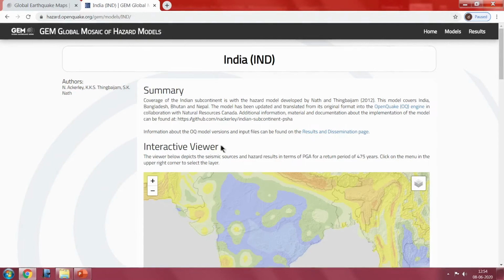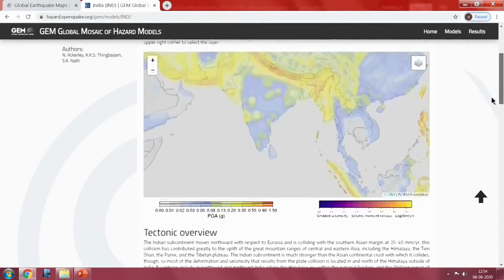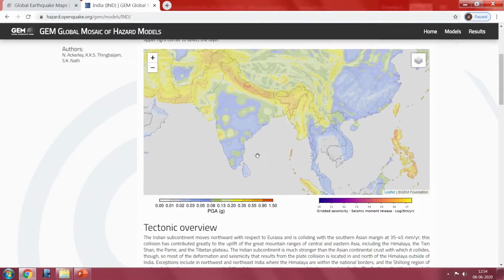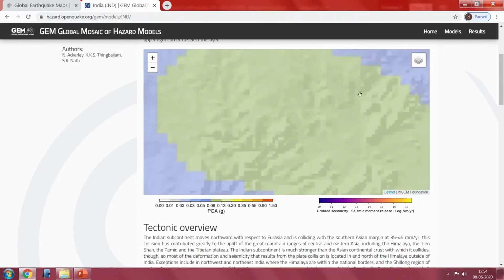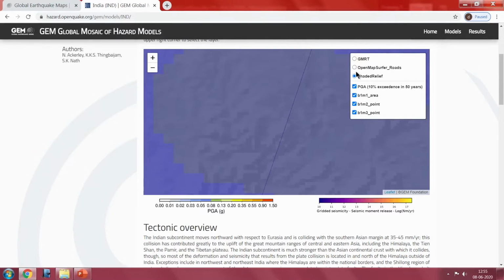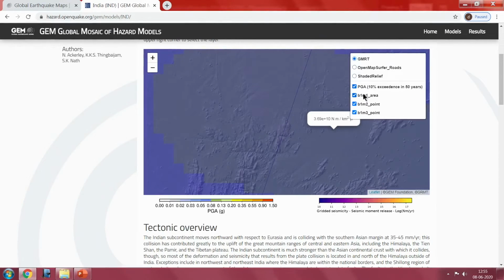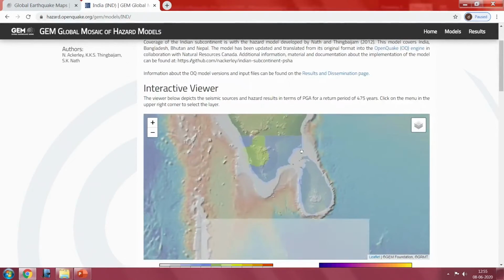So this is the interactive map they produced from this study. Here you can see the tectonic setting, the PGA distribution, and the gridded seismicity map. Whatever map you have seen, this is the intensity scale, and you can see the variation. So you can get all the information which is considered in the mapping from this interactive Indian map.